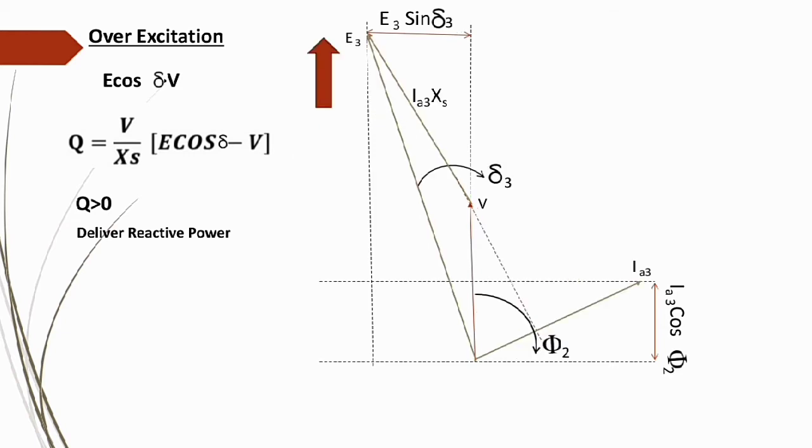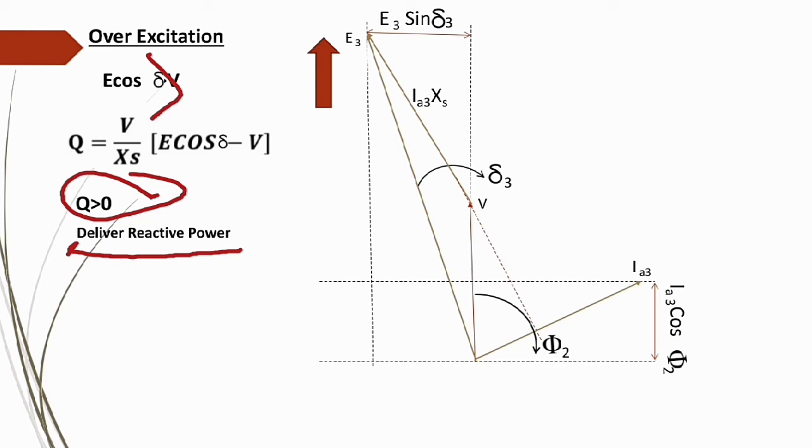So this one is, you have seen, again we increase the excitation, and again we get E cos del greater than V. So we will get a more positive value of reactive power, so we can say more delivered reactive power.